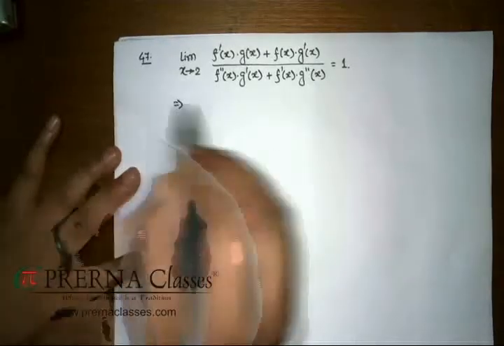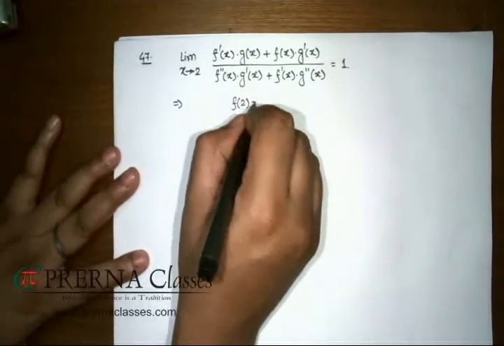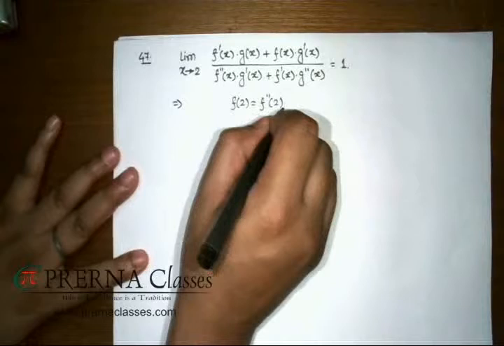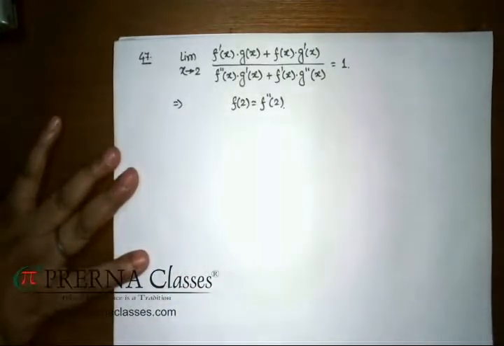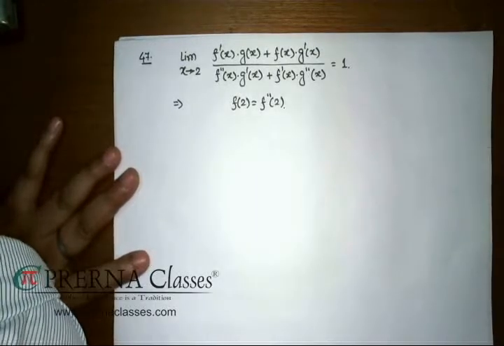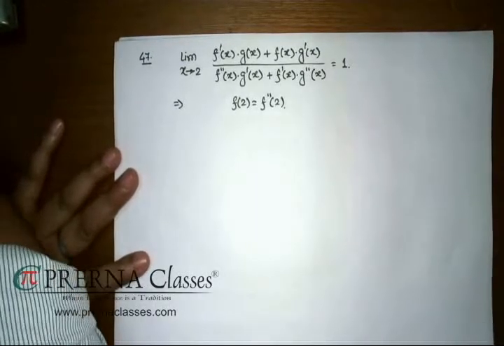Since this limit is given to you as 1, and if I substitute x as 2, the way those conditions are given, you can check from this itself, you will end up getting this result, that f of 2 and f double dash of 2 are equal.